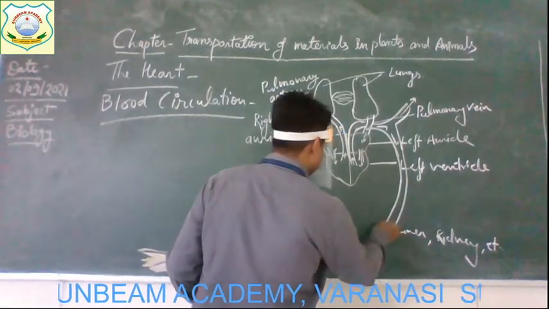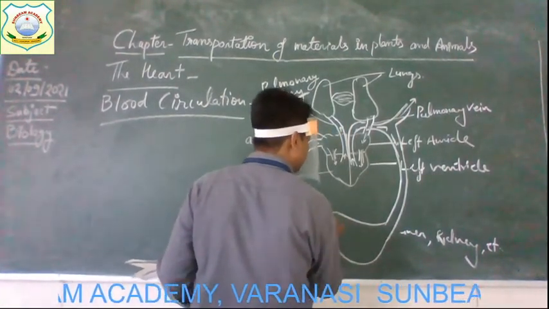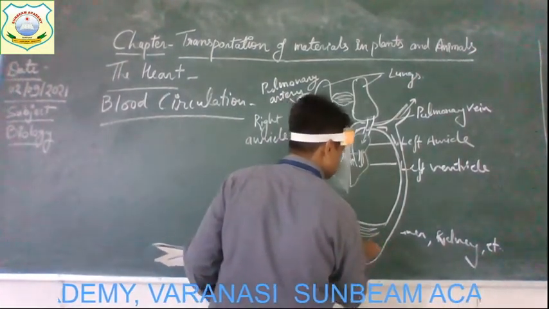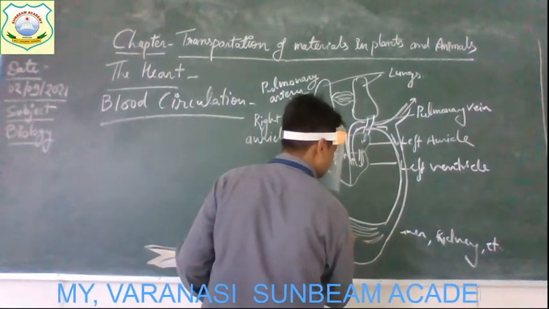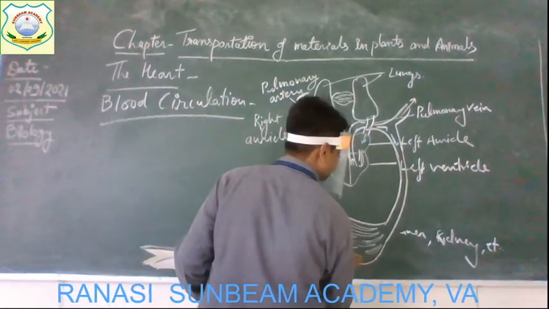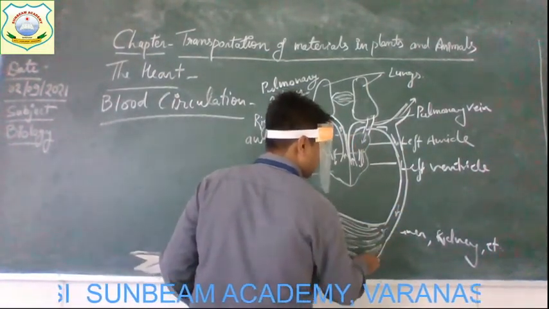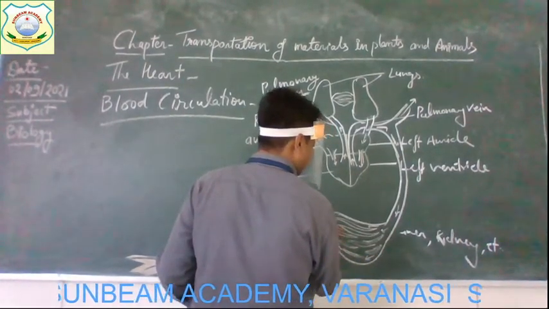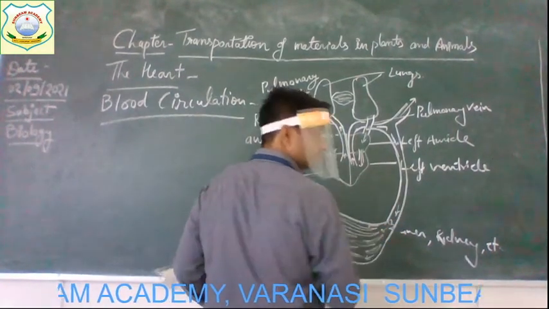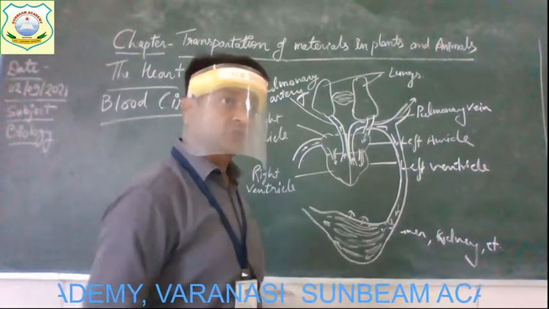The artery gets divided into very fine capillaries. Is it? So through these capillaries, the blood flows, and whatever the oxygen which is present here, it goes to the different body tissues.